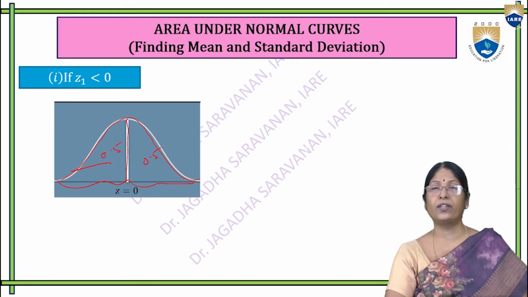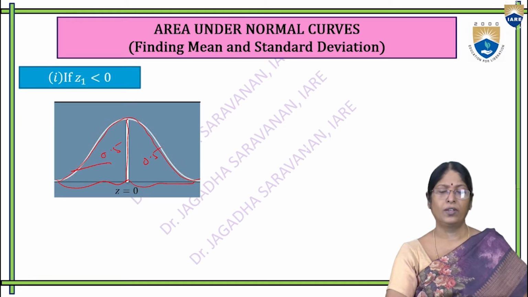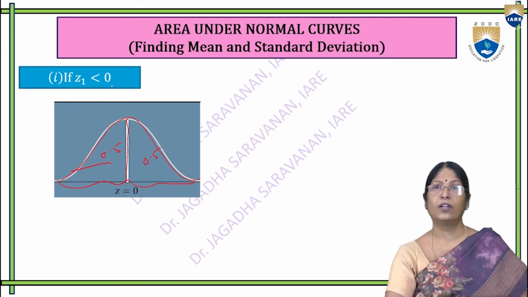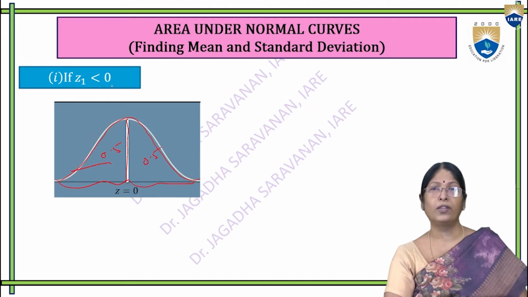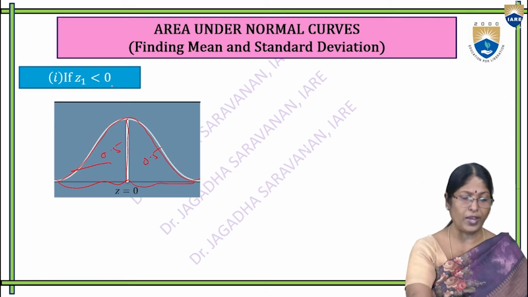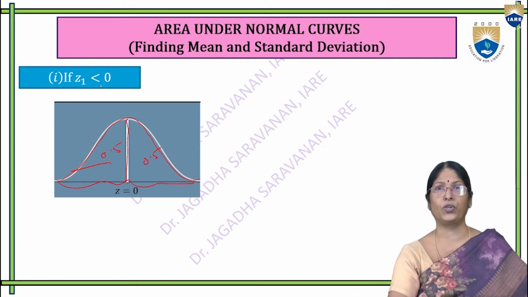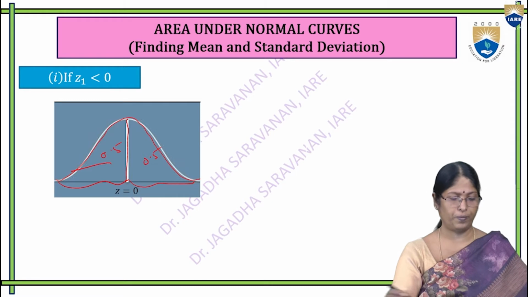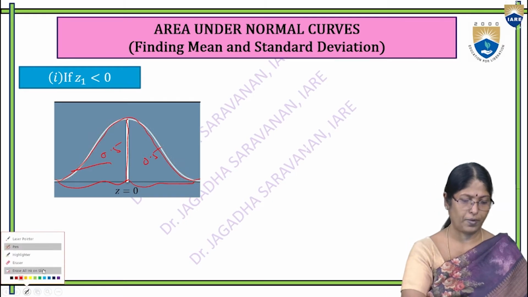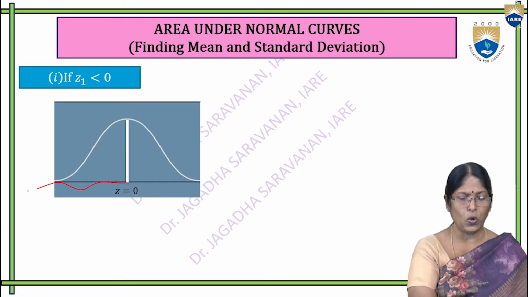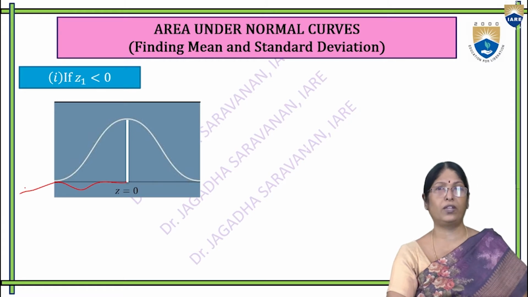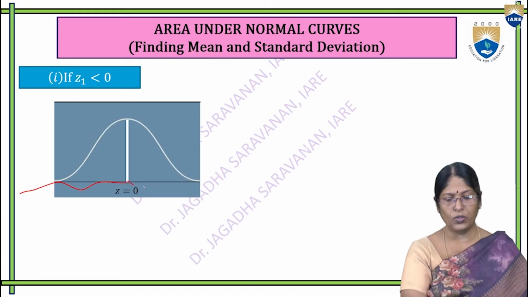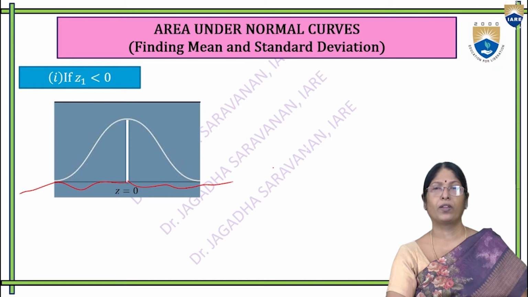First thing, the normal curves. Before entering the problem, we are first going to discuss the background of the normal curves. The first one is, Z1 is less than 0. If it is less than 0, it is negative. So here 0 to minus infinity it goes on, and here 0 to infinity.